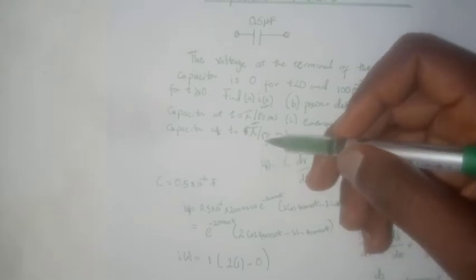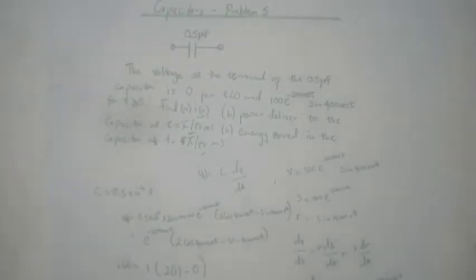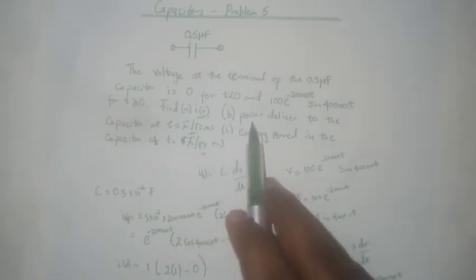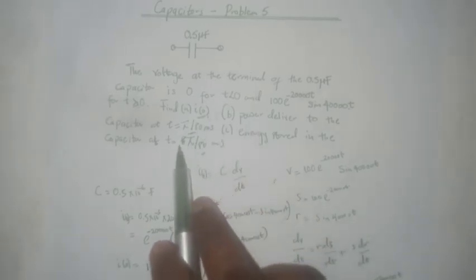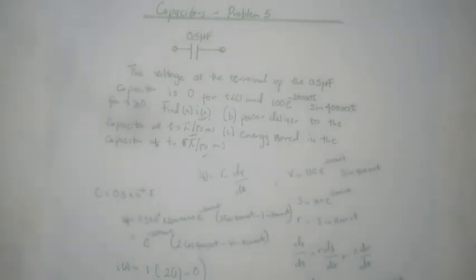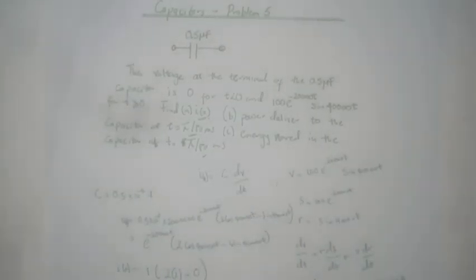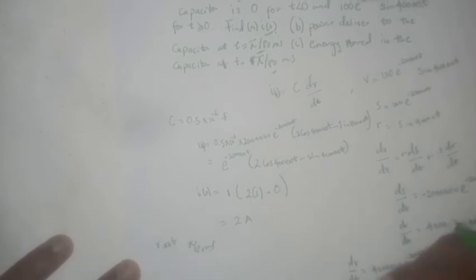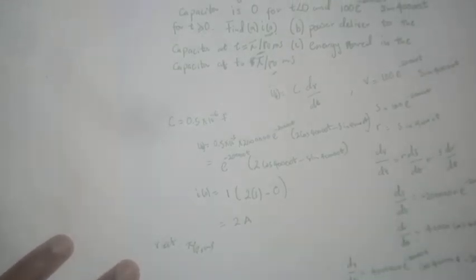The next part of the question asks us to estimate the power delivered at this time and the energy stored at this time. I find it very convenient to calculate the voltage at pi over 80 milliseconds. When you calculate that, we can use it to estimate the power P equals IV, or the energy stored, which is half CV squared.